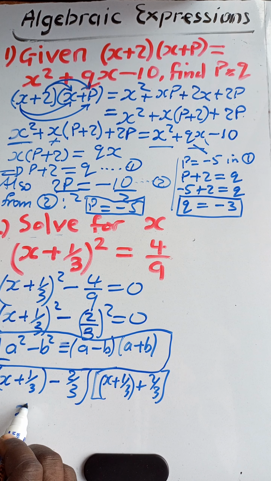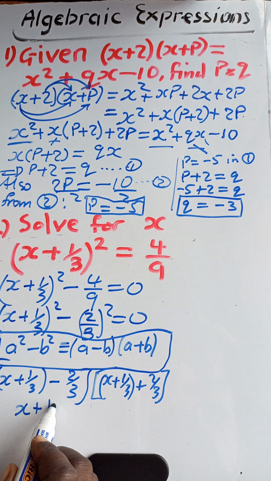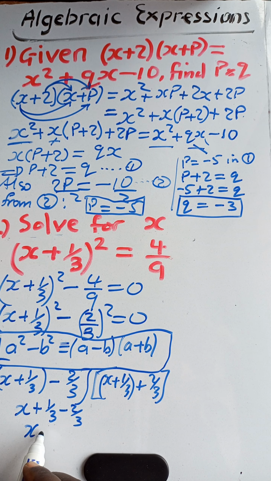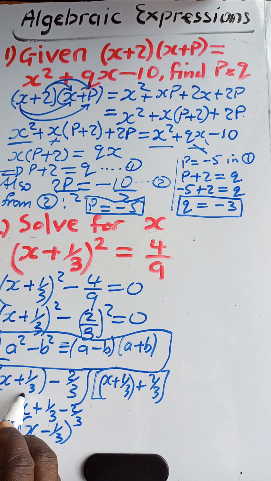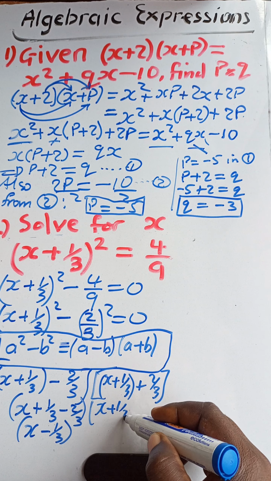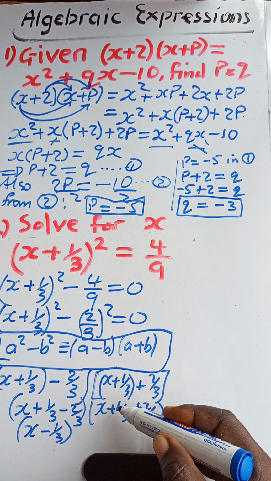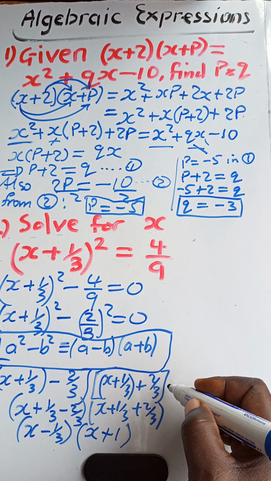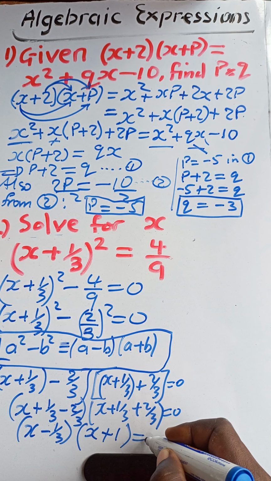We have x plus 1/3 minus 2/3. 1/3 minus 2/3 gives us negative 1/3. So we have x minus 1/3, and then we have x plus 1/3 plus 2/3. 1/3 plus 2/3 is 1. So this will multiply to x plus 1. Remember, everything was equal to 0.